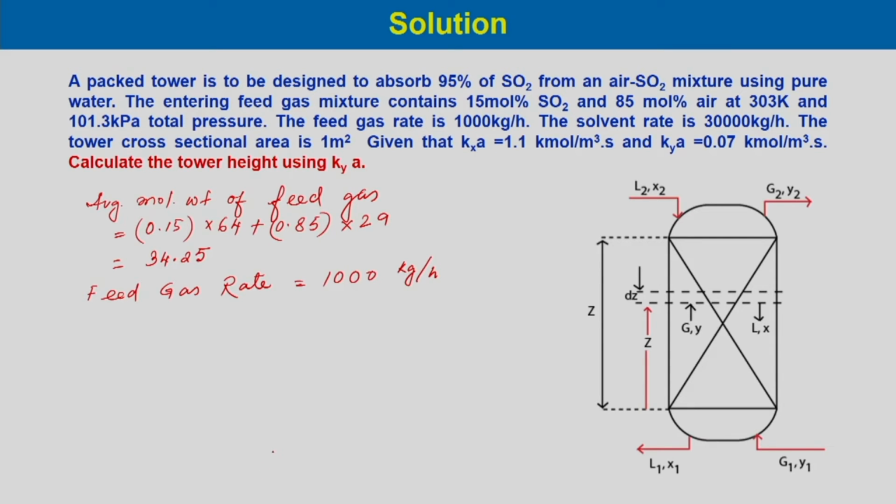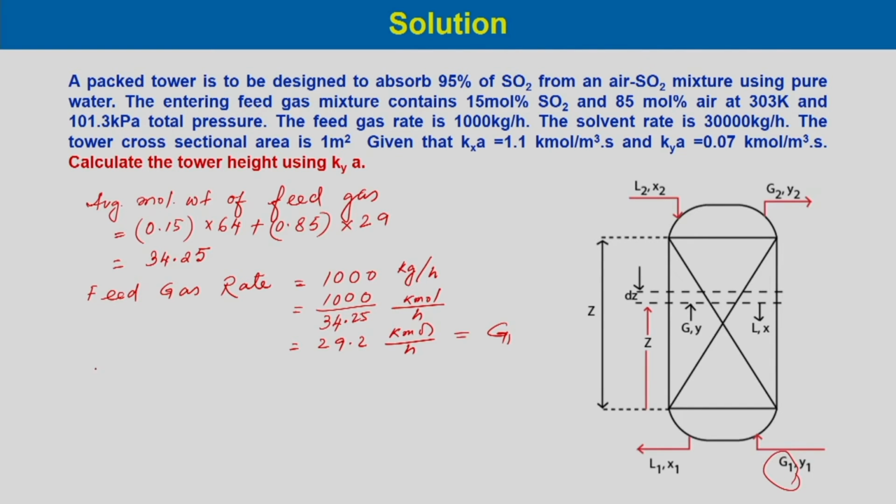If we convert to kilomole per hour, this should be equal to 1000 divided by the average molecular weight, 34.25, in kilomole per hour, which is about 29.2 kmol per hour. So, this is basically G1, the entering feed gas.